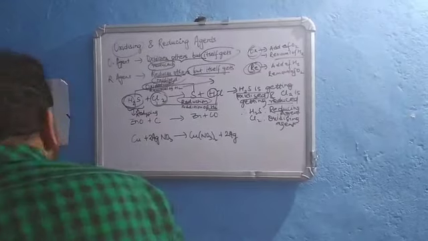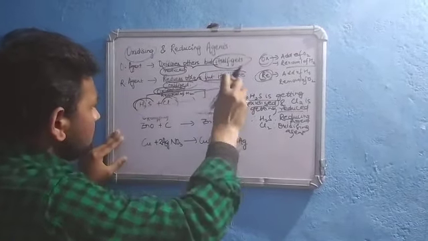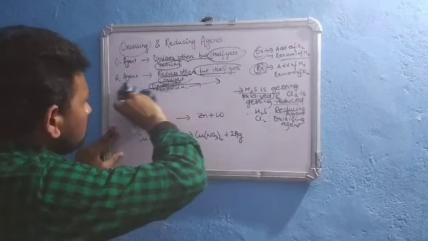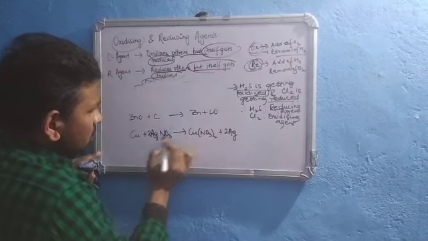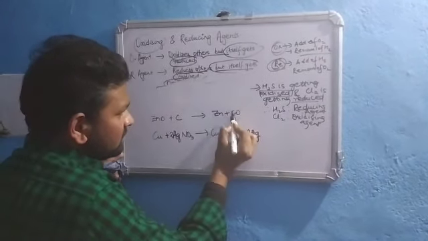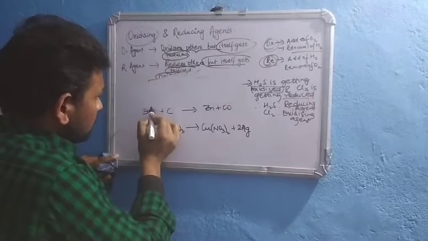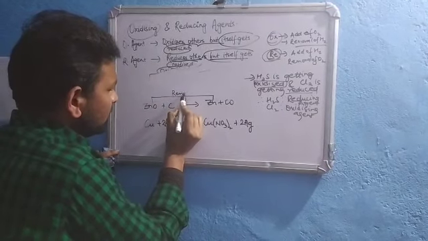Okay. Now see, let us consider another example. Here I have written, let me rub this out first. A lot of stuff is written on the board. I know it's difficult for you all, but you have to adjust, I have to adjust, everyone has to adjust. So here you can see we are having removal of oxygen. Everyone can see?